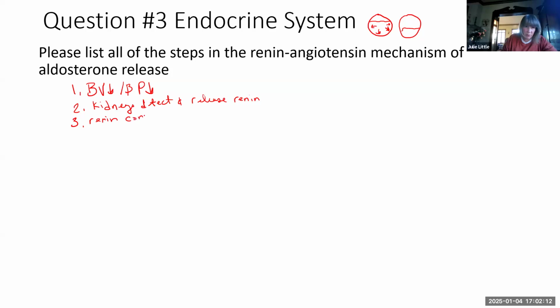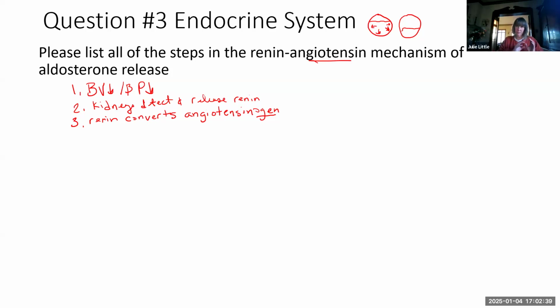What renin is going to do is convert that angiotensinogen. The "ogen" part means inactivated. If we take the "ogen" out, if we activate it, it's going to be angiotensin. So angiotensinogen is the inactive form of angiotensin, and it's just floating around in your blood.